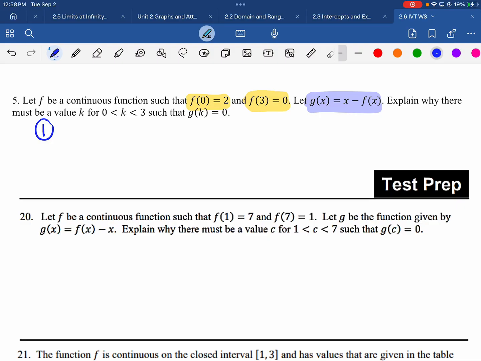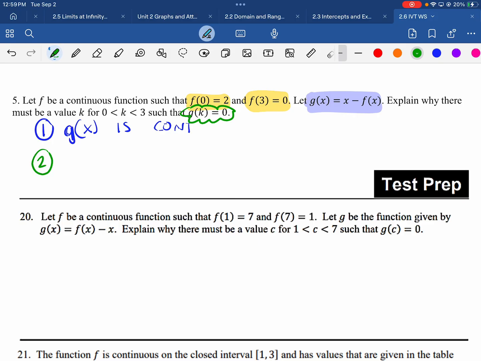G. Yes. G of x is continuous because the point you're trying to prove, is it on G or is it on F? G, you're trying to prove G of k equals 0. So we're trying to prove a point on G. So the letters matter. So first we have to say G of x is continuous.